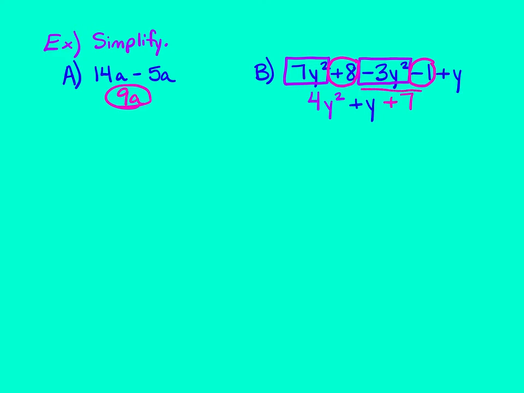And I've simplified this expression. I could have written those terms in a different order. I could have written it as 4y squared plus 7 plus y. I could have written it as positive y plus 7 plus 4y squared. They can go in any order as long as they keep the sign of the term in the correct place, which is left of the term.